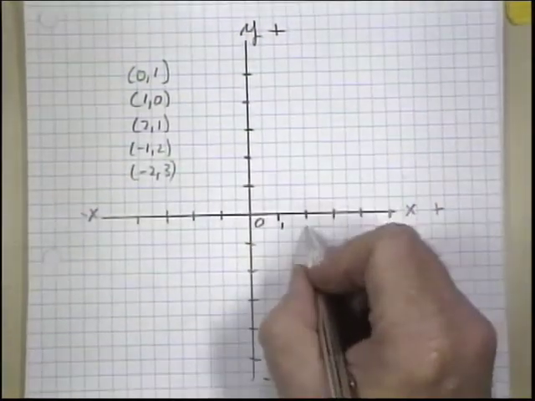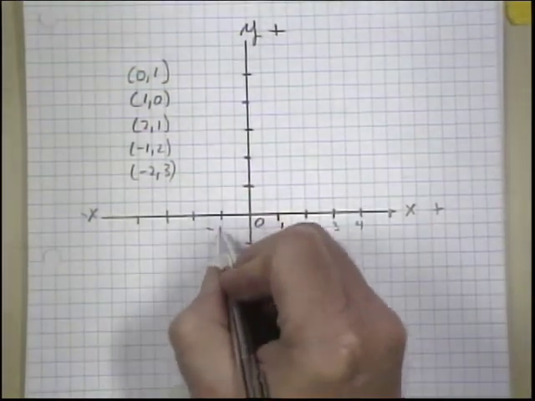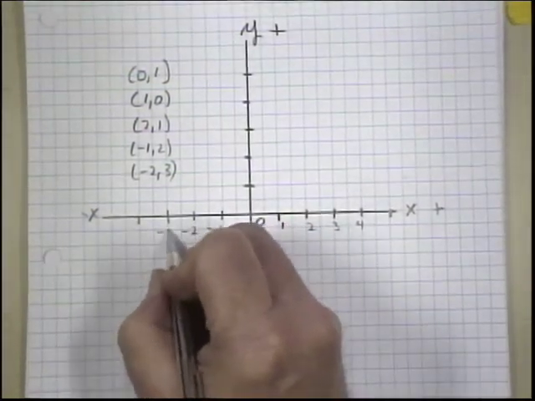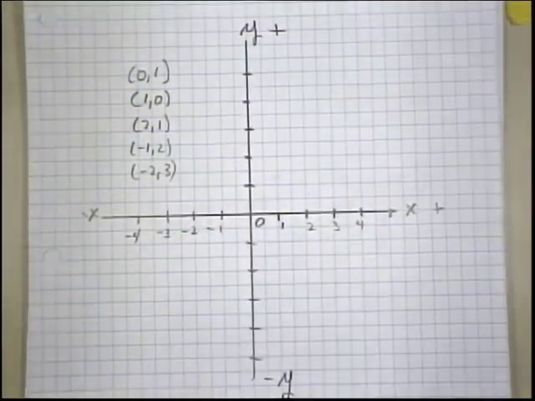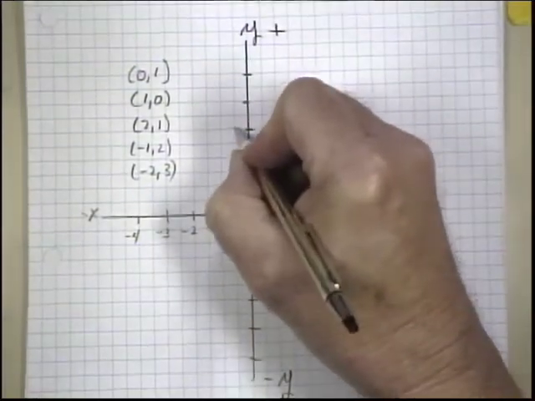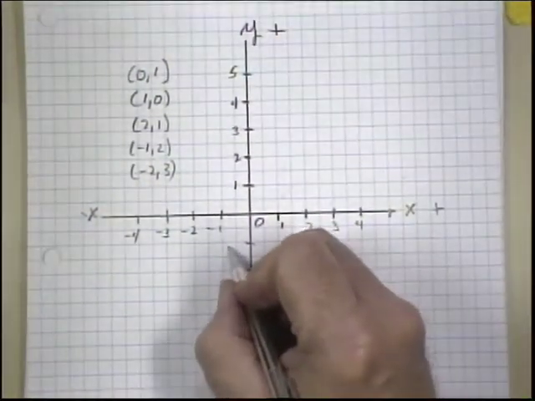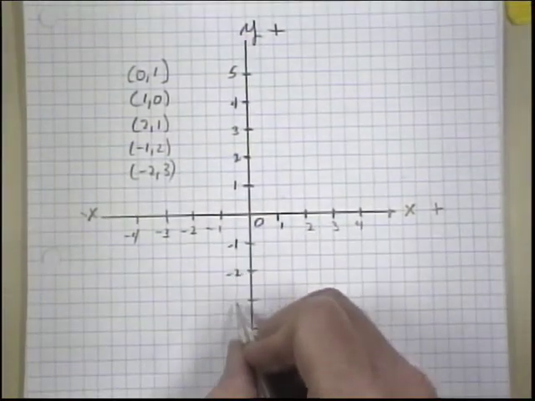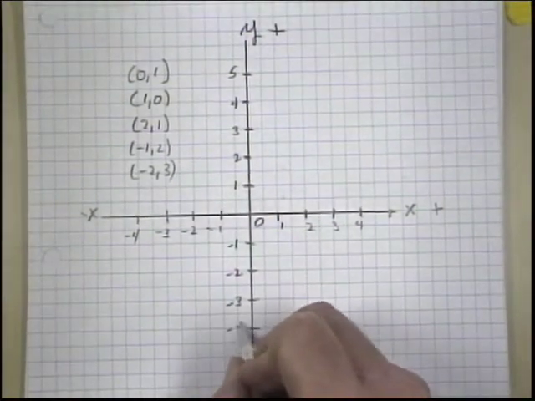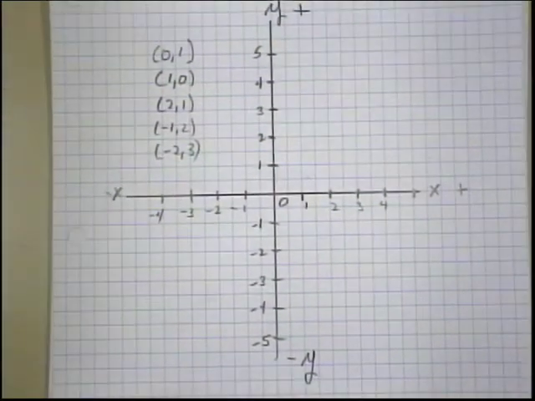So we'll have positive 1, 2, 3, 4 on the x, minus 1, minus 2, minus 3, minus 4 on the x. On the y, positive 1, 2, 3, 4, 5. And negative on the y, minus 1, minus 2, minus 3, minus 4, minus 5. Now we can plot these points.